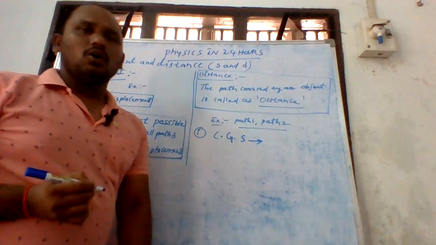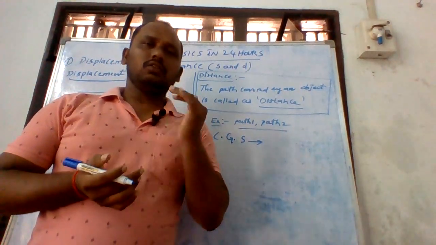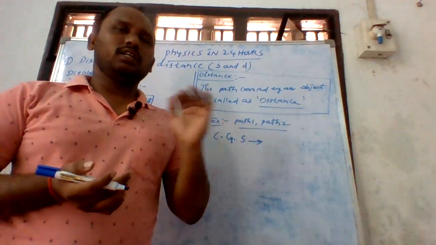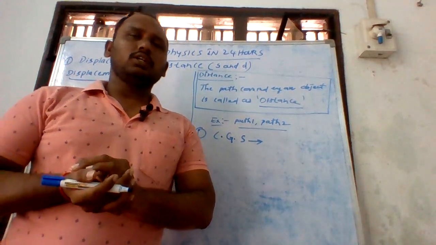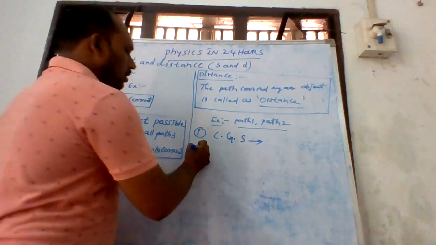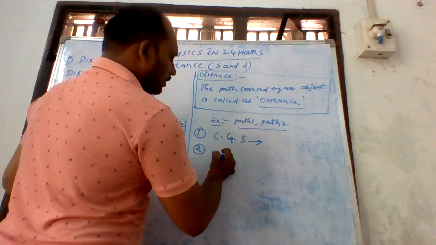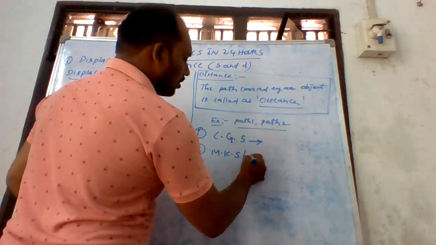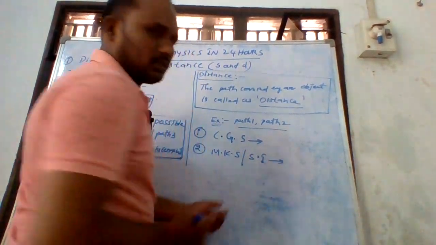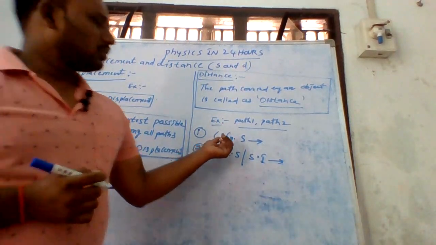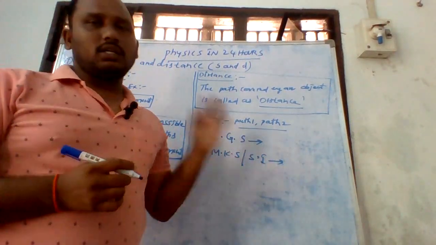Many units exist, but generally we have to be habituated to two. One is CGS, and the second one is MKS, the SI unit.